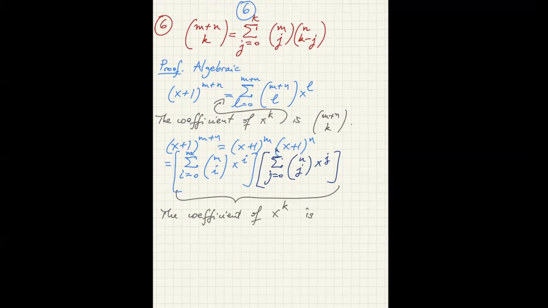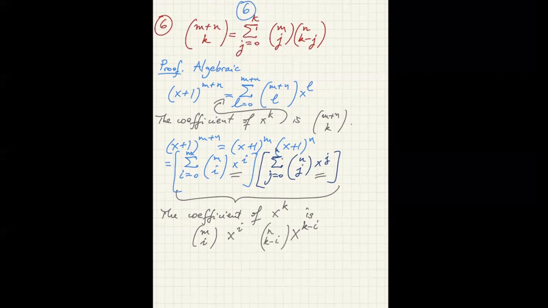Well, to get an x to the k there, we have to pair one of these x to the i's with one of these x to the j's such that their exponents add up to k. So let's say we pick an i from the left. That's going to come with the coefficient m choose i. And now if I want to get x to the k in total, I need to pick an x to the k minus i from the right. And that forces its coefficient to be n choose k minus i.